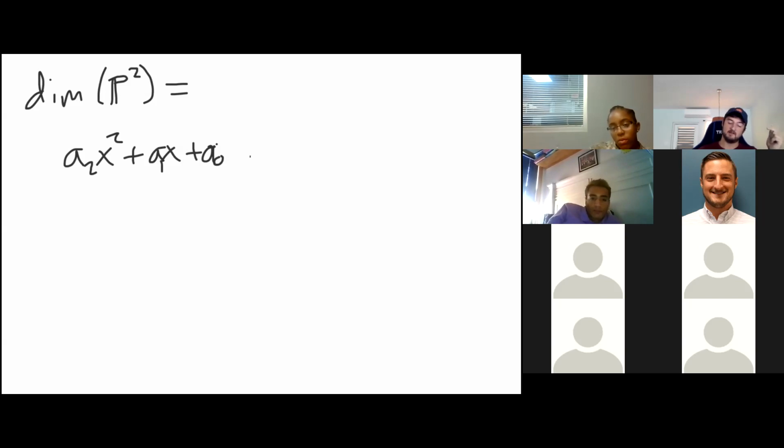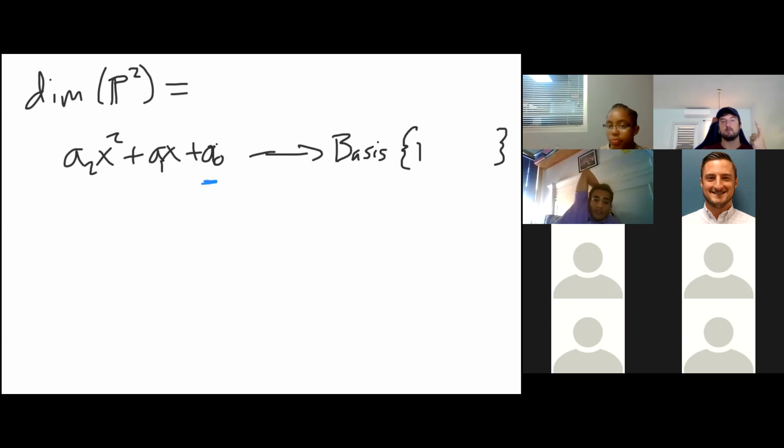Which means my basis will need what terms in it? What are the 3 building blocks for any quadratics? 1. Yep, I need a 1, because I can multiply 1 by anything to get whatever a0 needs to be, my constant term.